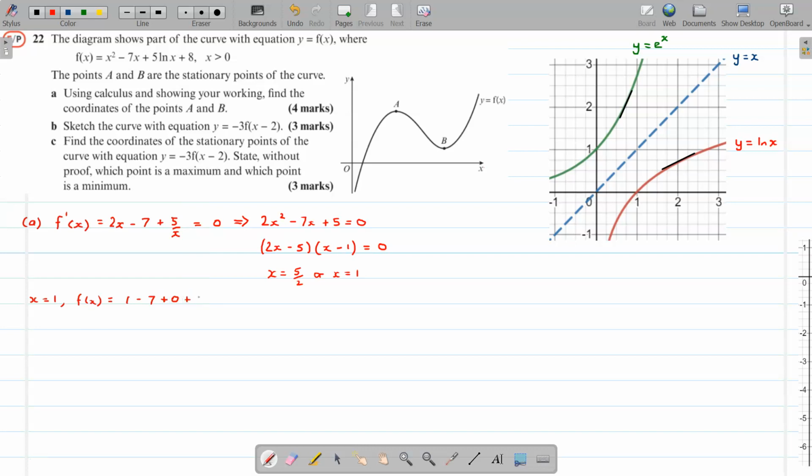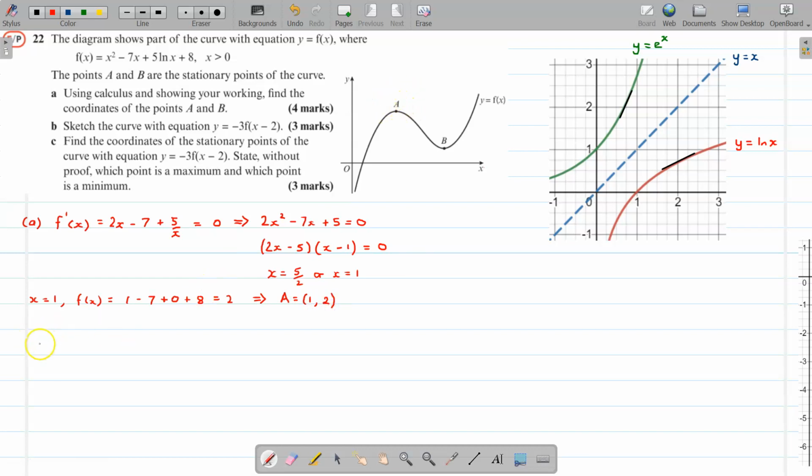If you work that out, that gives you negative 6 plus 8, which is equal to 2. So that implies that the point A has coordinates of 1, 2. So that's this point here.